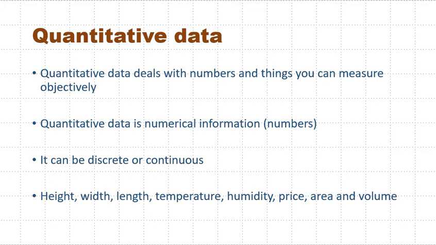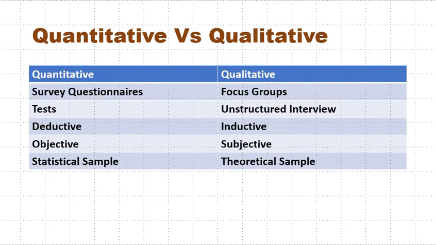Okay. So the basic difference between quantitative and qualitative data is that quantitative data can be obtained from survey questionnaires while qualitative data can be obtained from focus group discussions. Quantitative data are based upon tests while qualitative data come from unstructured interviews.